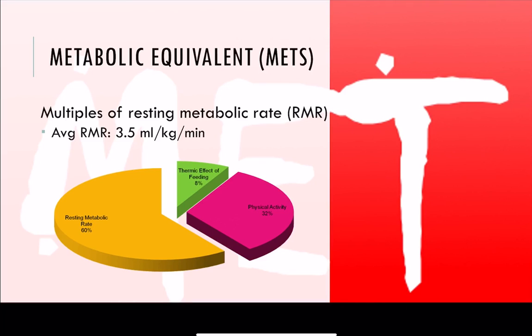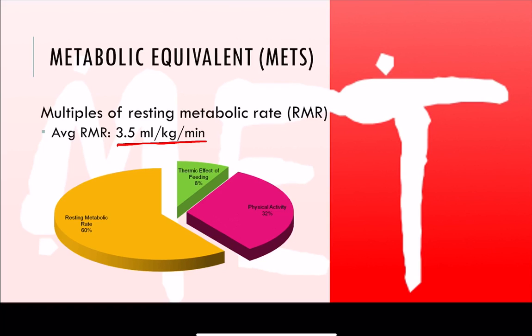And after many of these direct calorimetry studies that looked at the metabolic work of being at rest, it was measured and determined that on average, our resting metabolic rate is 3.5 milliliters per kilogram per minute. That's the relative VO2 of rest. Across populations, on average, we are going to assume that your resting metabolism is 3.5 milliliters per kilogram per minute.